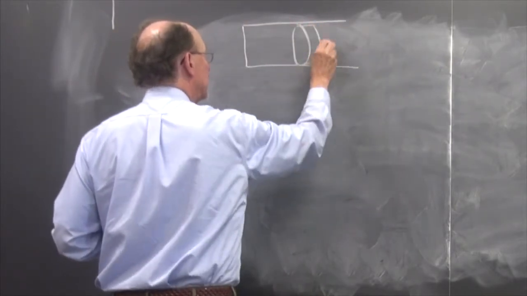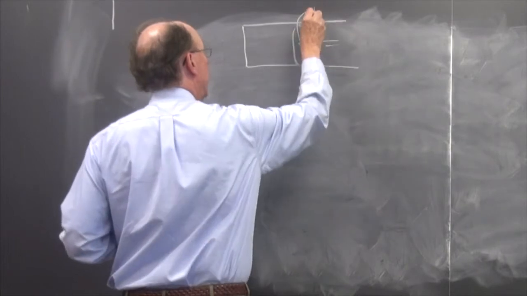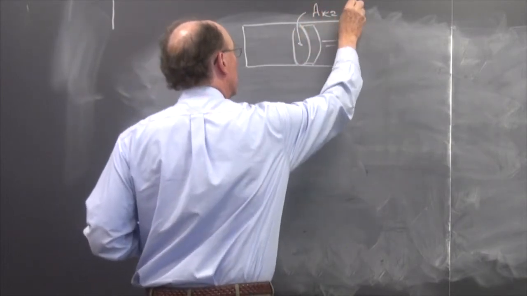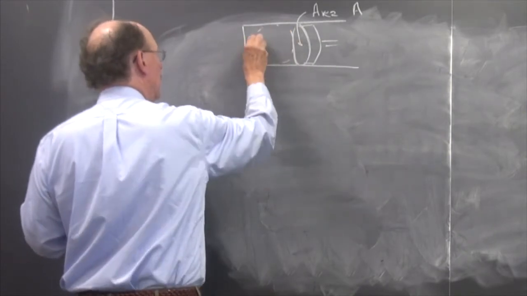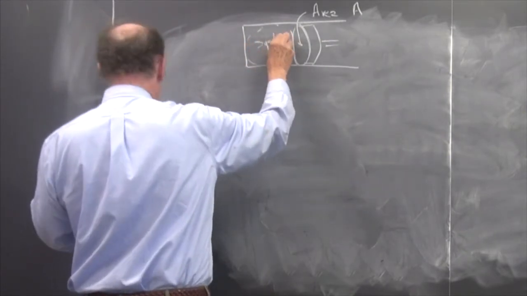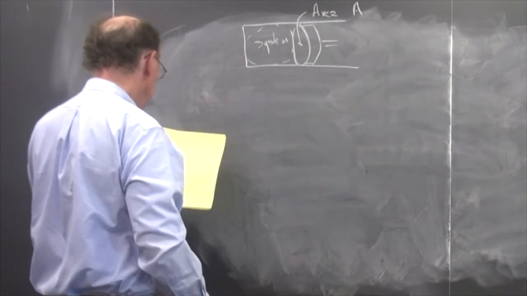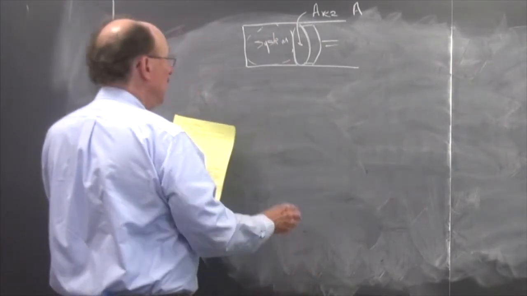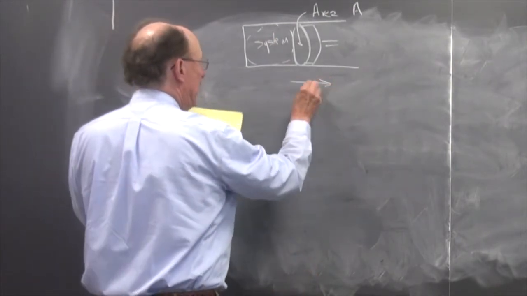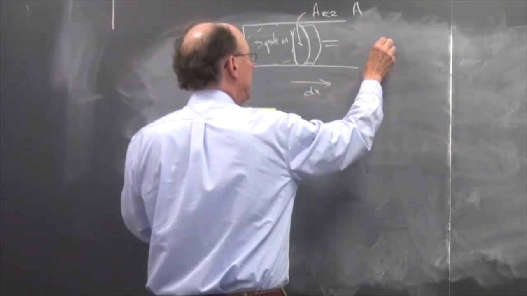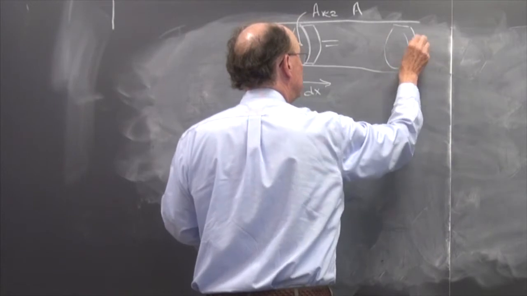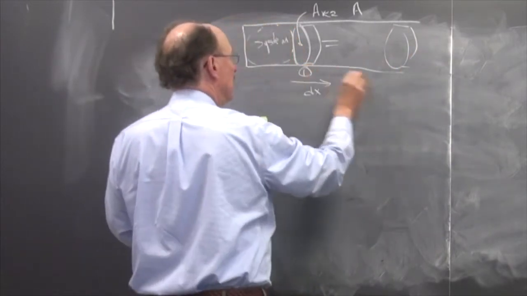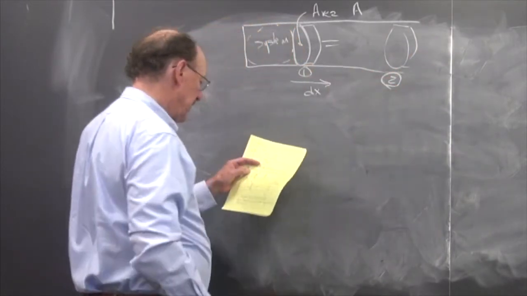I have the piston cylinder, it has an area A, and here's the system. And let's have the system expand, so I'm going to have dx, and then eventually it'll be down here at state 2. So I'm at state 1, going to state 2, something like that.